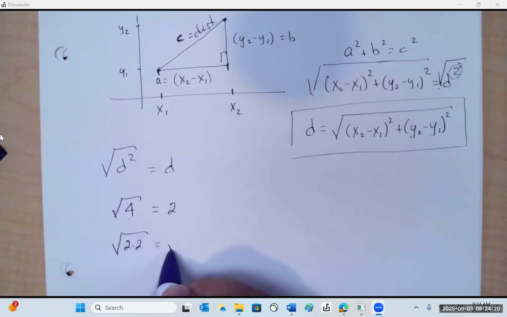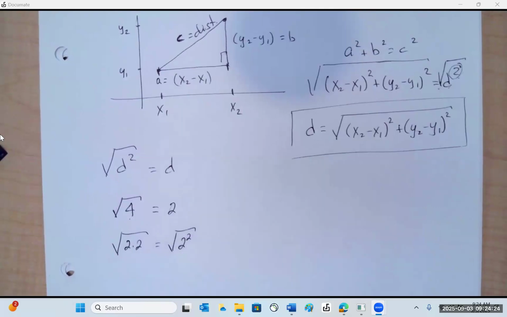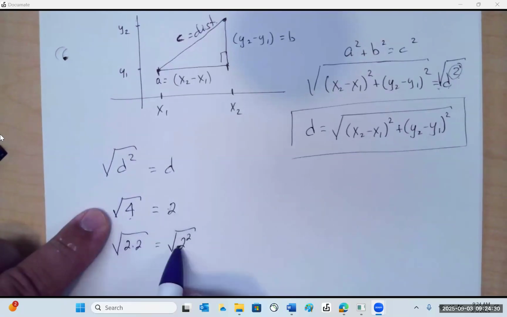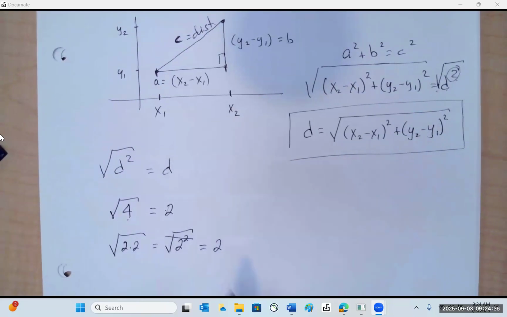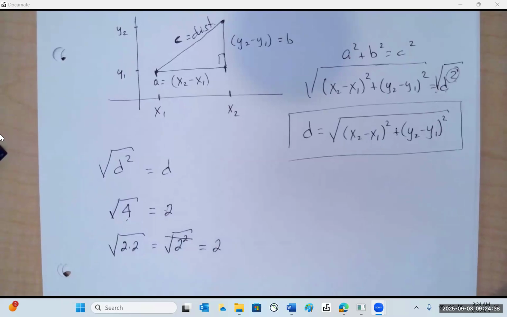Well, 2 times 2 is the same thing as 2 squared. So the square root of 2 squared has to equal 2 also. So that's the rule. The square root and the square cancel each other out.